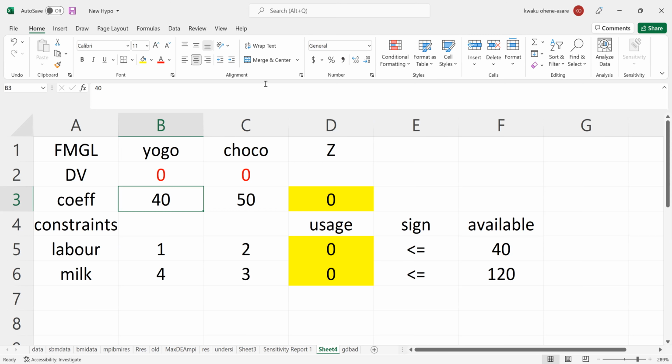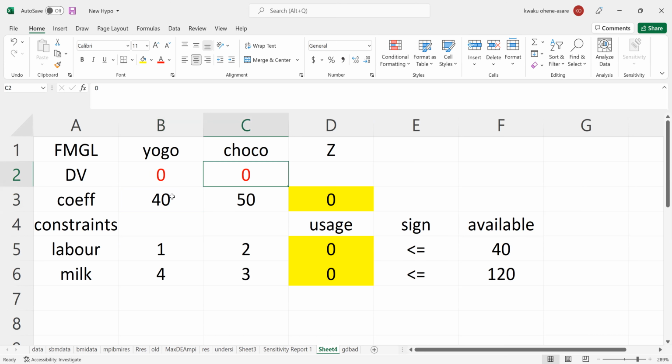And if it goes below 25, what will happen? What was the optimal solution? 24 here, and what was the optimal solution here? 8. The Fine Yogo of 24 and the Fine Choco of 8 will change. The moment it goes below 25 and gets to even 24, the value will change.